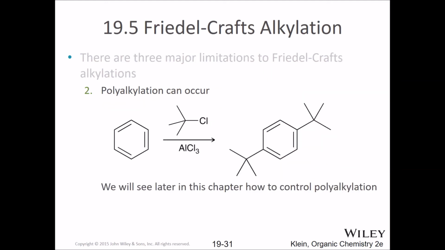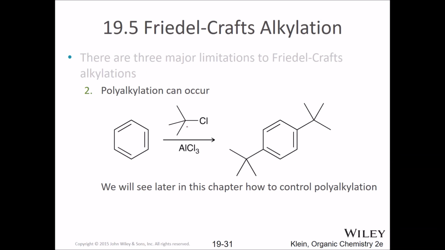Another limitation is that polyalkylation can and often does occur. So it's a problem. We'll show a couple of ways to control polyalkylation, but for now, you know that if you do this, you're going to get more than one alkylation.